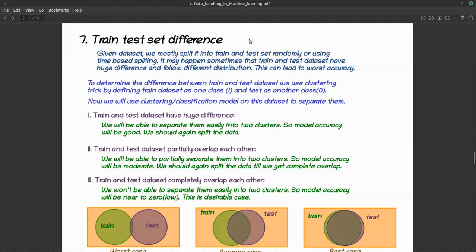So this train test set difference is a ground rule for the machine learning model: whatever pattern you are seeing in the train data set should be there in the test data set, because all the models are learning some kind of pattern using margin maximization, log loss or hinge loss, anything.